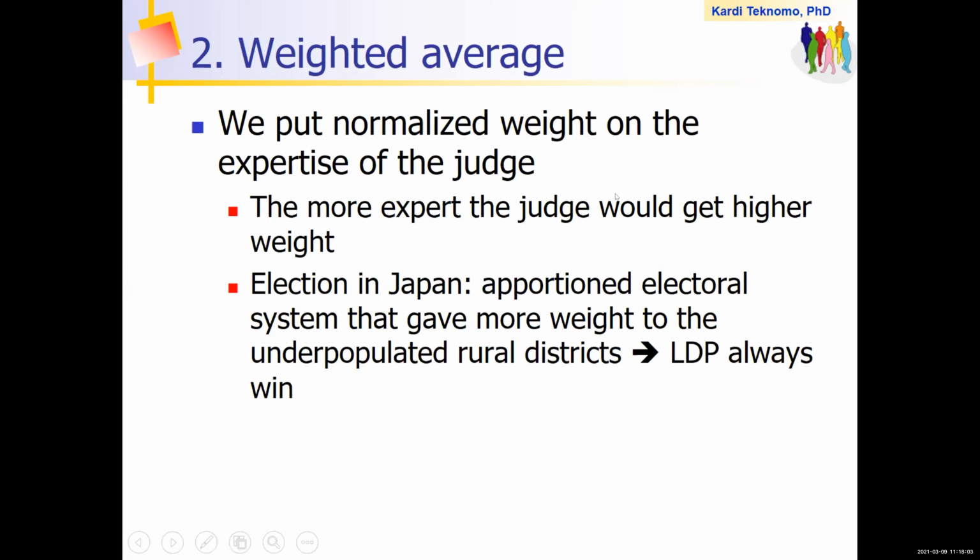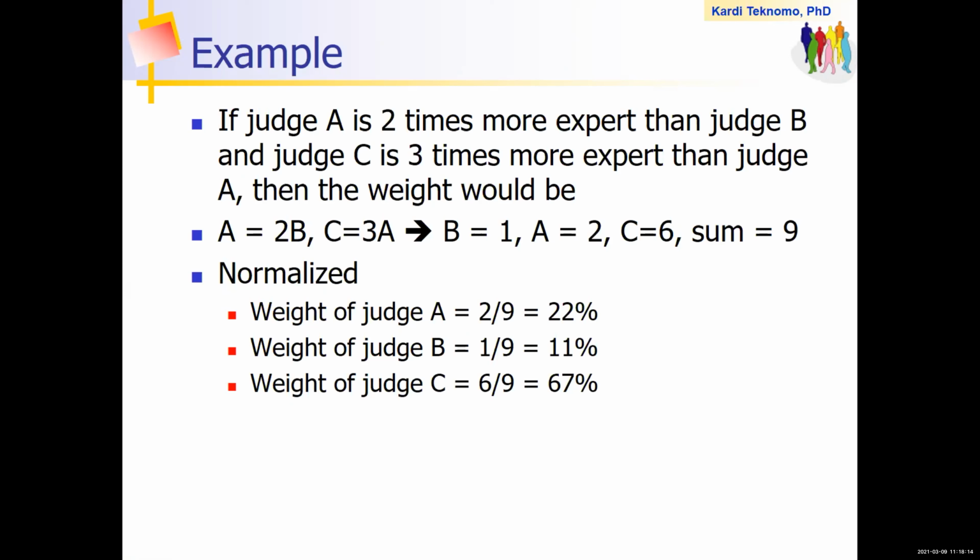So now, if judge A is 2 times more expert than judge B, and judge C is 3 times more expert than judge A, then you need to calculate the weight. A is 2B, C is 3A.